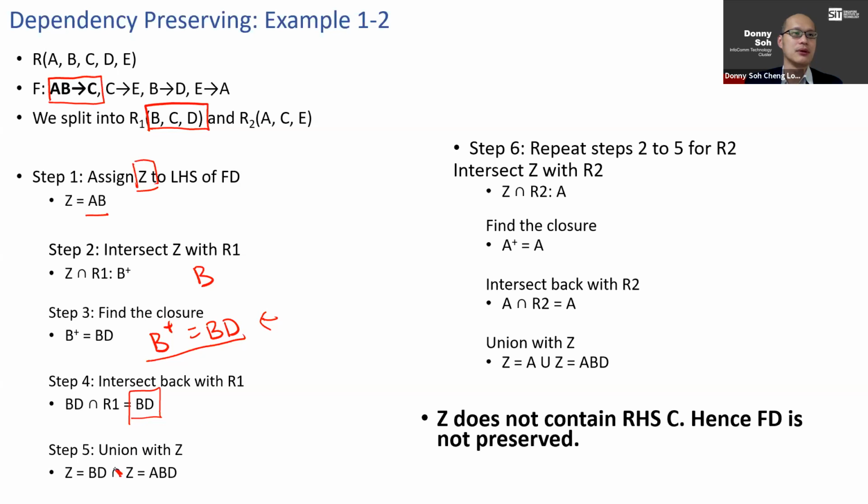Sorry, I did it wrong. Union it with Z. So BD union Z gives me A, B, D. This is just the first part.